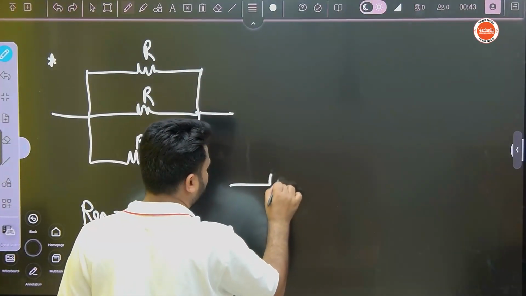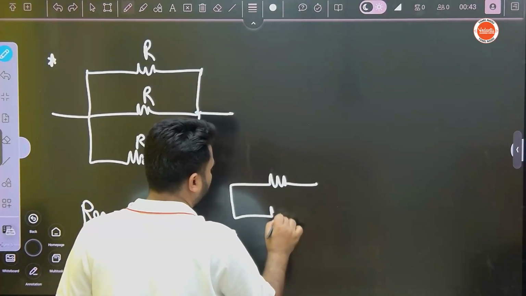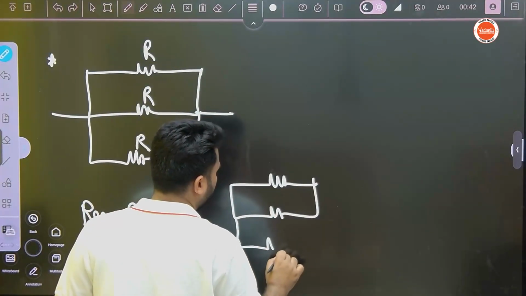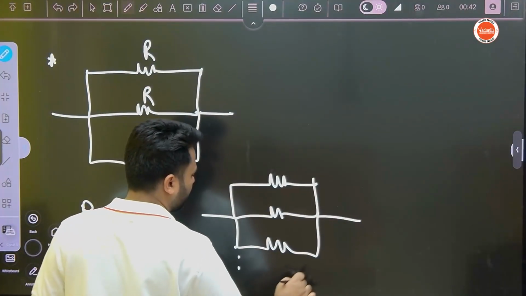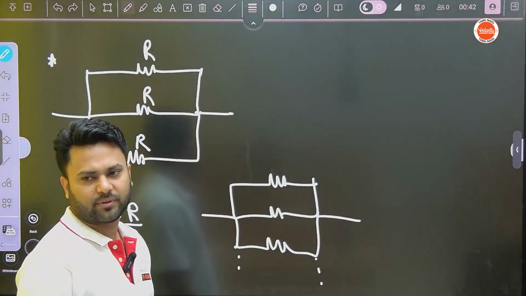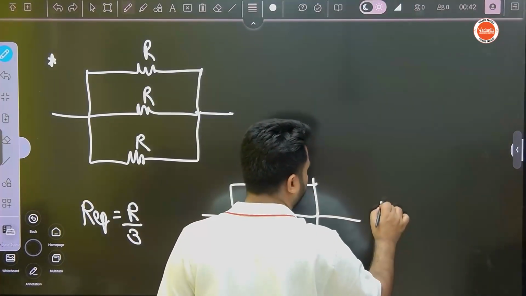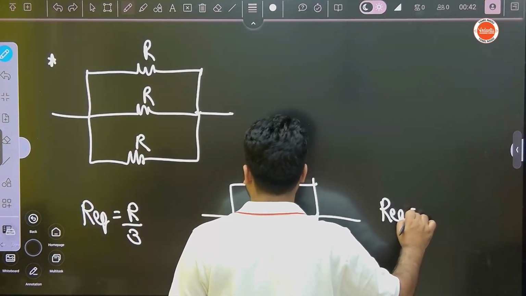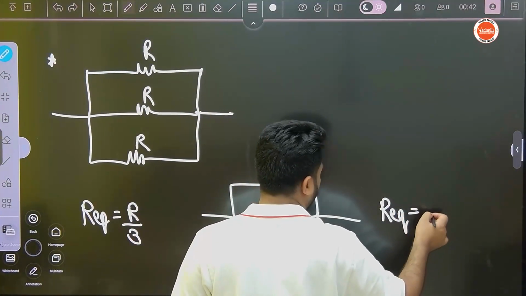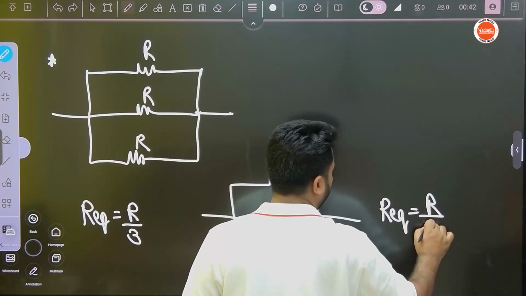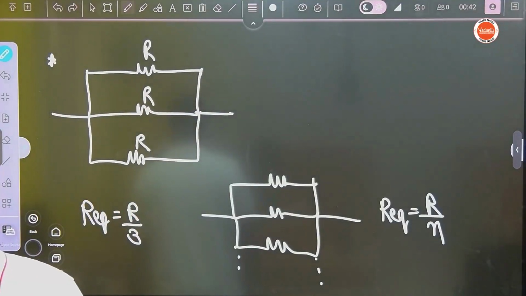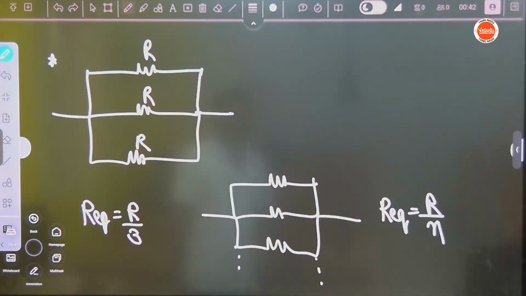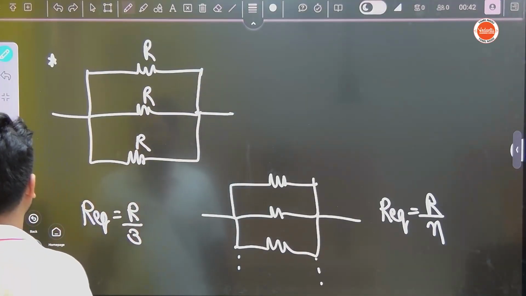Similarly, if we have R, R, R, and this is N times. 4 times, 5 times, 6 times. If it is 3 times, R by 3, 4 times R by 4, 5 times R by 5, N times R by N. Equivalent resistance. Correct. So these things are going to save your time.